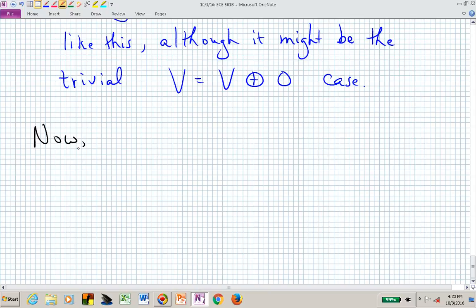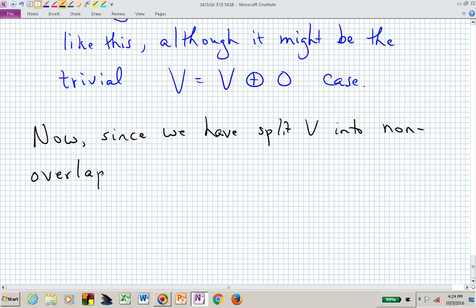What we want, though, from this direct sum is this property of not having overlap between the different subspaces, U1 through U sub n. Now, since we have split our original vector space V into non-overlapping subspaces, with the exception of the zero vector, of course.